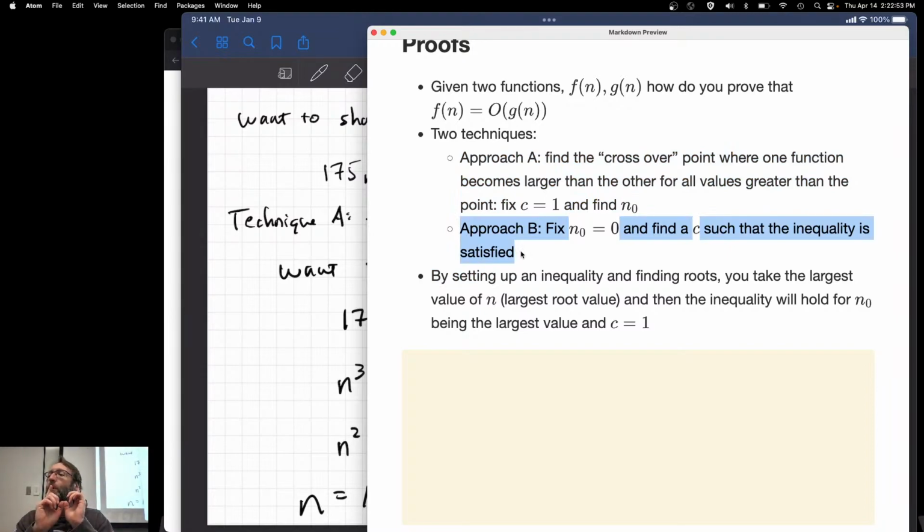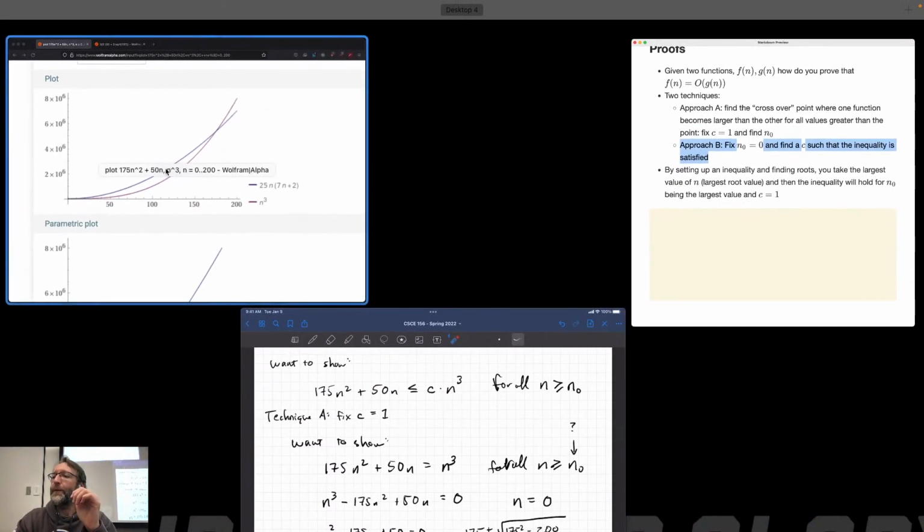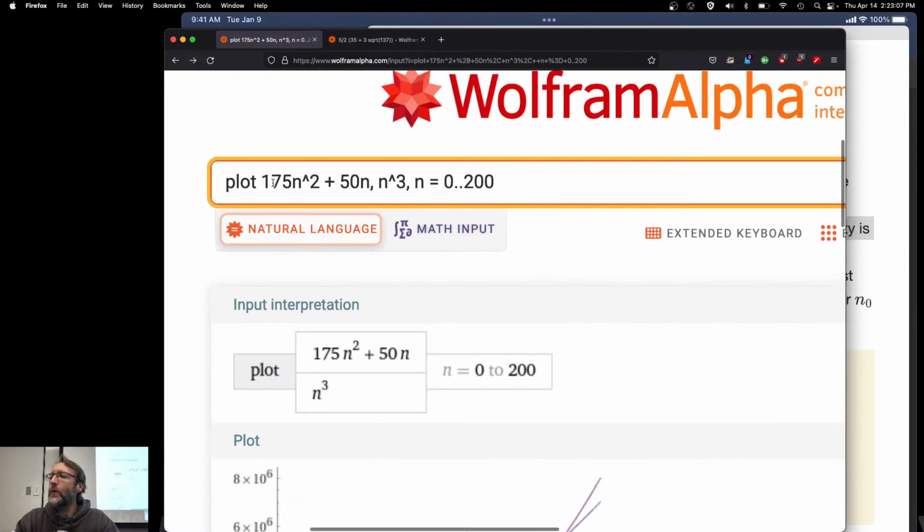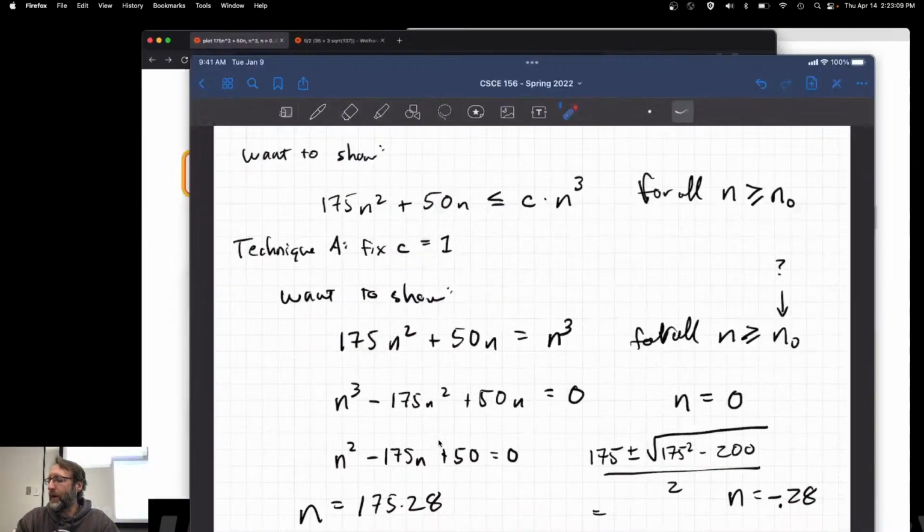What we're going to do is fix n not to be 0, and then find a c such that that inequality is satisfied. Now, graphically, what does that mean? Let me go back to my notes here.